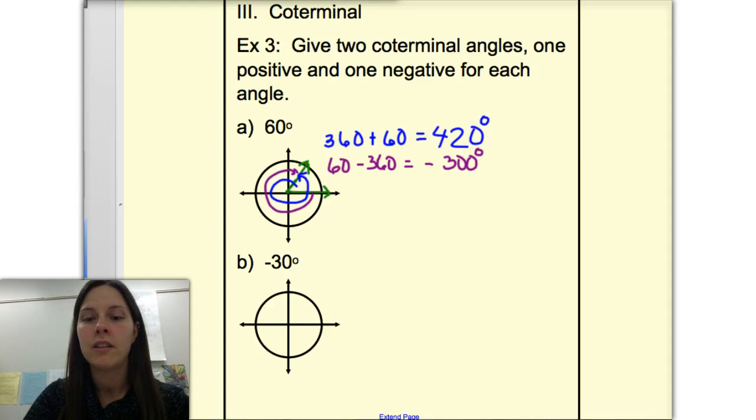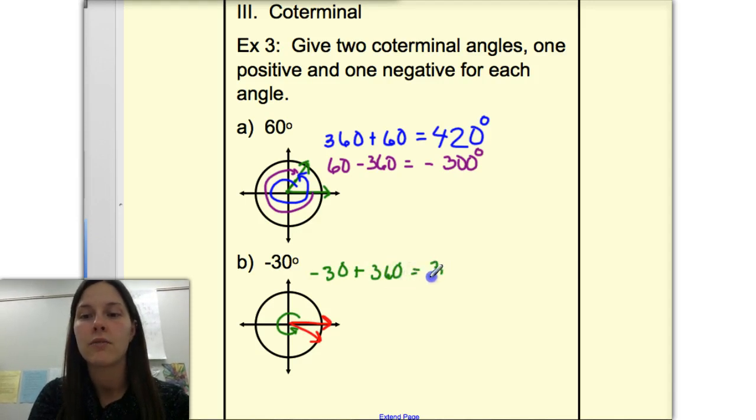Last example, starting with a quick sketch of our negative 30 degree angle, our initial side. Negative 30 degrees would be about here. So to get our positive coterminal angle, we would think about rotating it counterclockwise to get here. So we're going to take negative 30 plus 360 degrees to get our positive coterminal angle of 330 degrees.